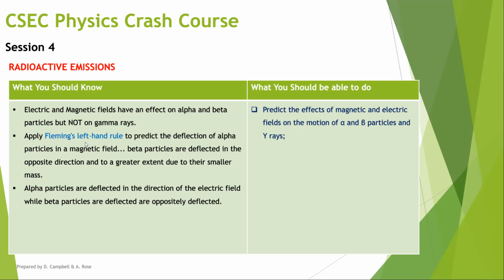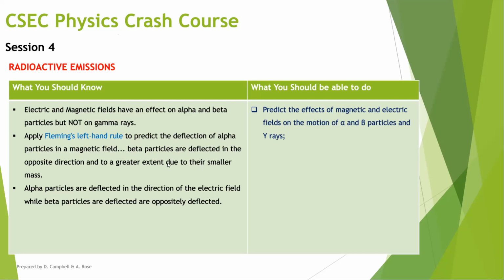For the magnetic field, you can use Fleming's left-hand rule to predict the deflection of the alpha particles. And once you know the direction in which the alpha particles are deflected, the beta particles will be deflected in the opposite direction, but to a greater extent. All right, and this is due to their smaller masses.